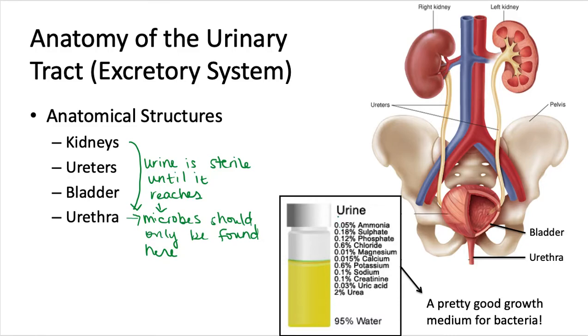When we look at what urine is, it's a lot of salts like sulfate, chloride, magnesium, some sodium and potassium. And then we have our nitrogenous waste products, including uric acid and mostly urea. So urea is the final breakdown product of some of our nitrogen-containing proteins.